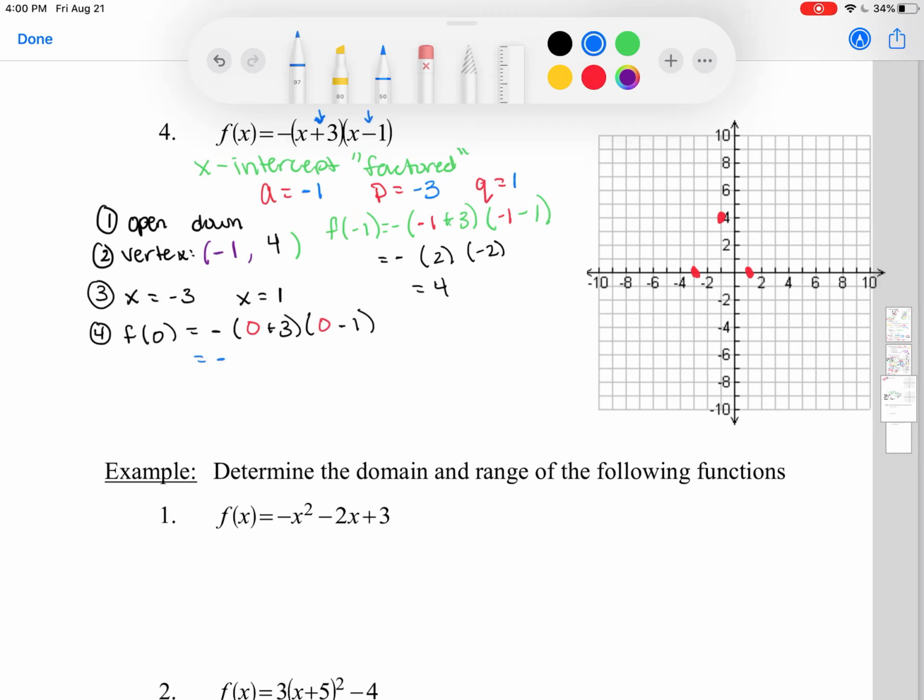I can simplify this really fast, and I have a negative times 3 times -1, which will give me a +3 in the end. And I know that at the coordinate 0, +3, I will have a y-intercept. That's my 4th point on my graph. Again, go ahead and try and see if you can find your 5th point.